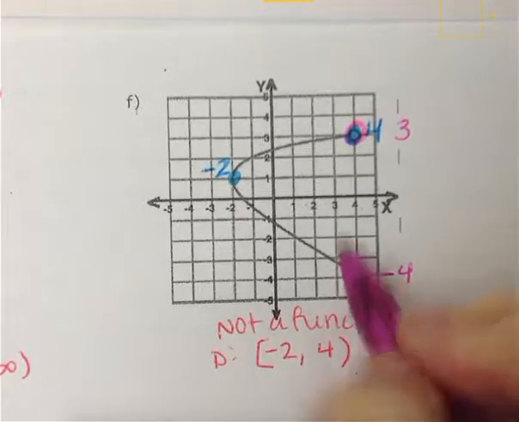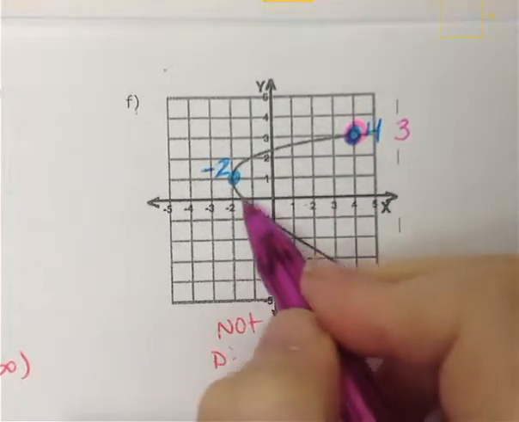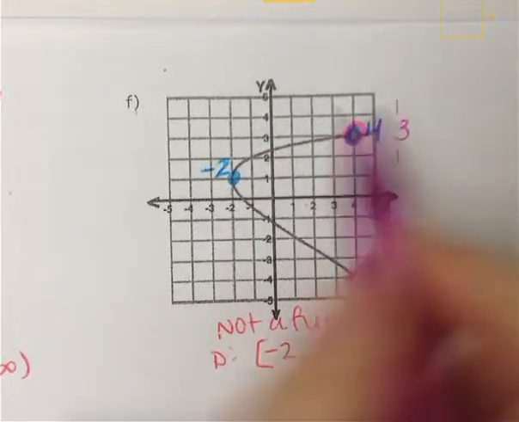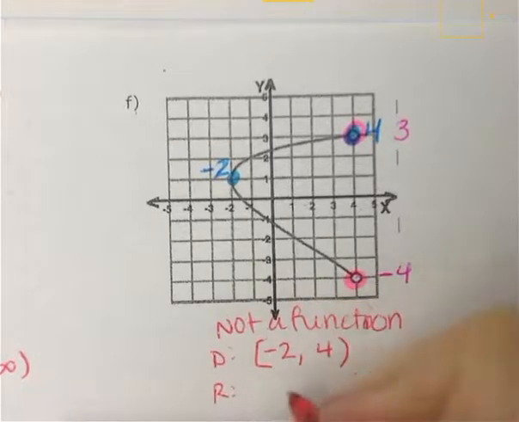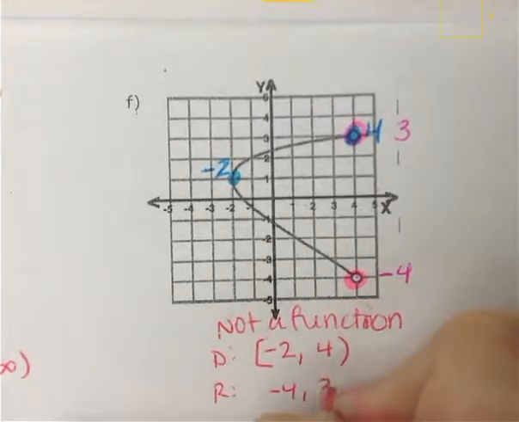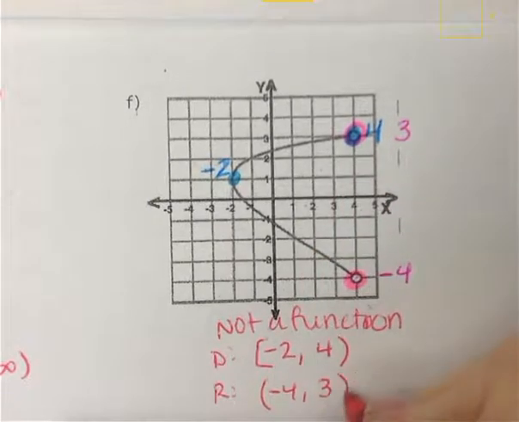If we can go from pink to pink continuously, we're good. So pink along the graph, still on something solid, to pink. That means our range is from -4 to +3. The -4 is open, and that 3 is also open.